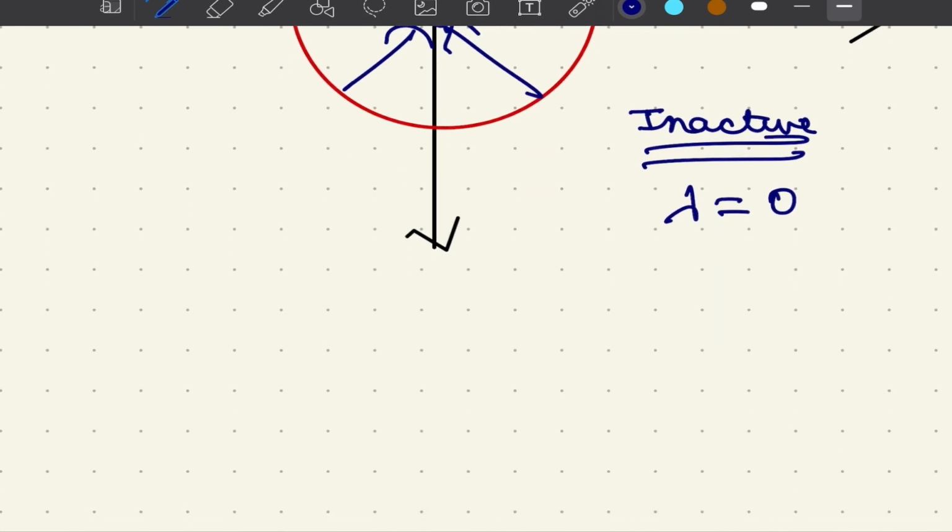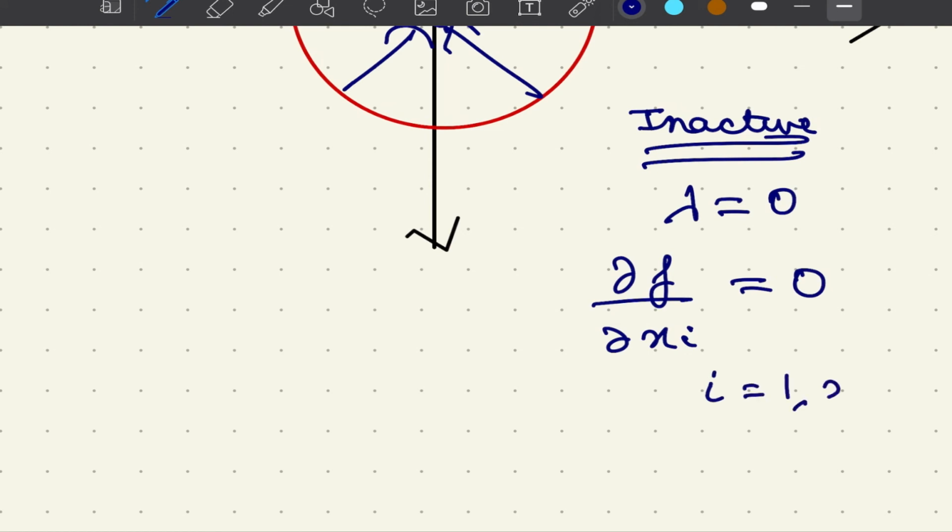Also, one interesting thing that we notice here is that now it is just an unconstrained optimization problem. So what we can do is take the differentiation of f with respect to x_i, where i is the number of variables in the function f, which in this case is equal to 2. Setting del f upon del x_i equal to 0, we will get our solutions as we would in the case of unconstrained optimization.